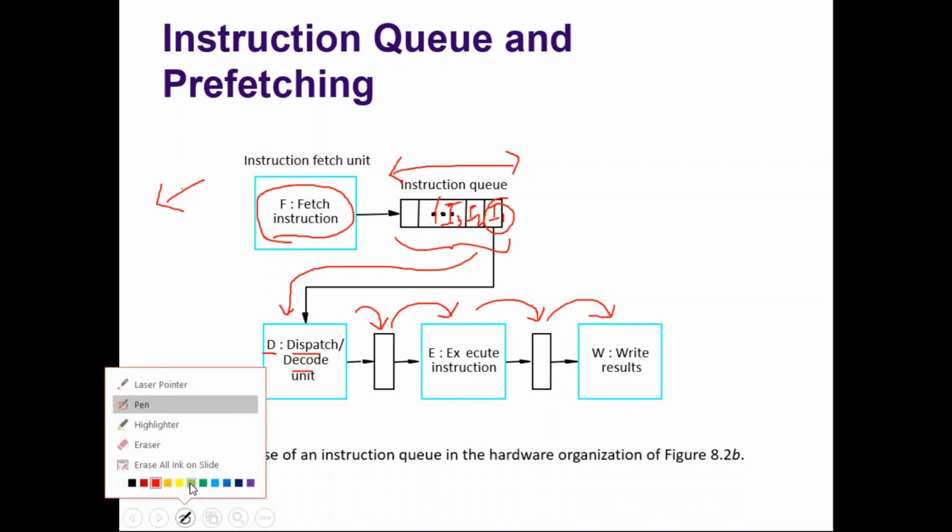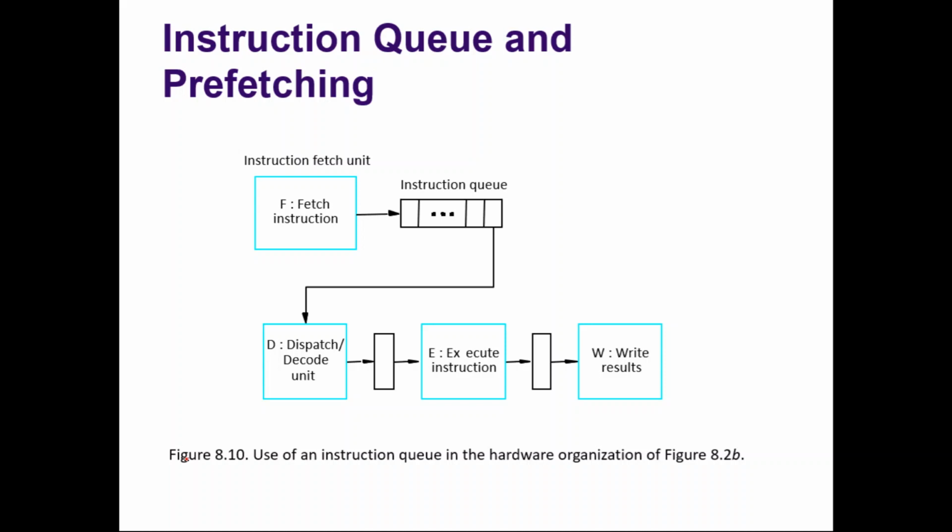So what is the advantage of this? There are two main advantages. One is, assume that there is some data hazard in the pipeline. Because of the data hazard, the decode unit is not available. Somebody else is decoding some other previous instruction, it keeps on decoding.